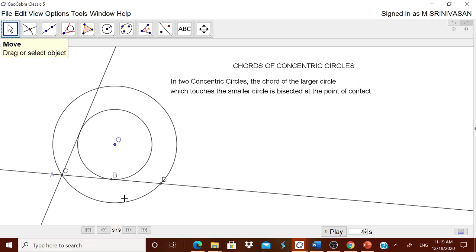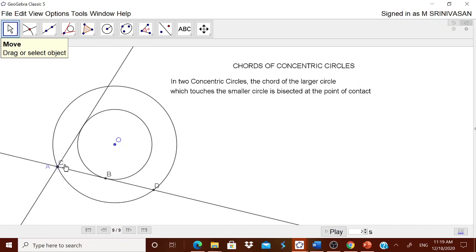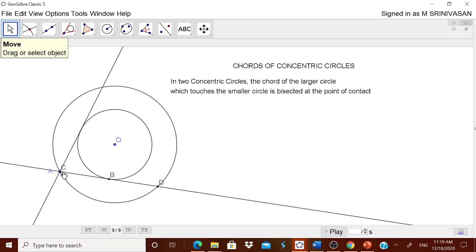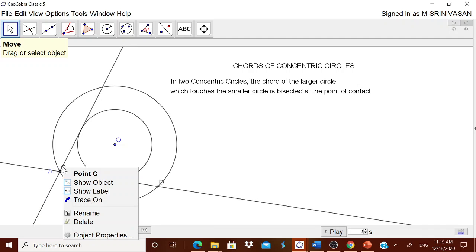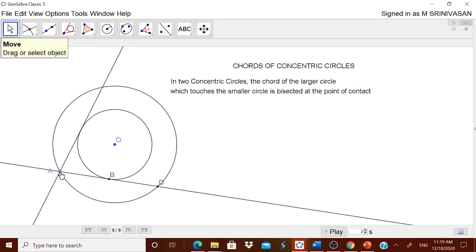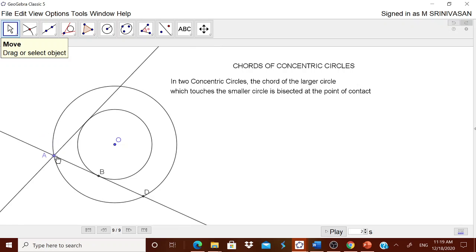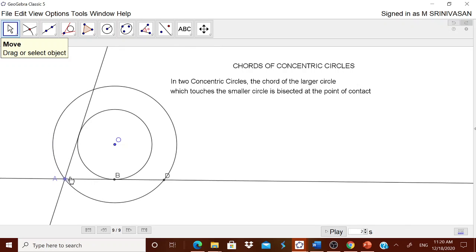A can be moved, but this cannot be moved. You see, this cannot be moved now. You should be a bit careful. Suppose A is there, you see, it can be moved only like this. Is it okay now?